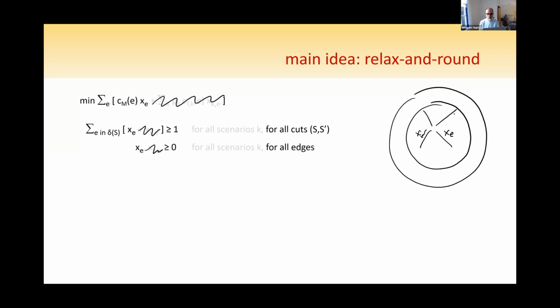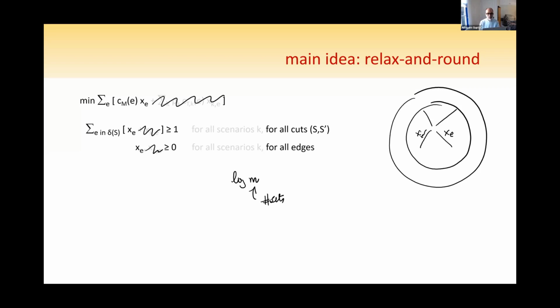By the way, this is a hitting set problem, and you know an algorithm for hitting set. You scale up all the variables by some factor and you round them. How much do you scale up by? You scale up by log of the number of sets.